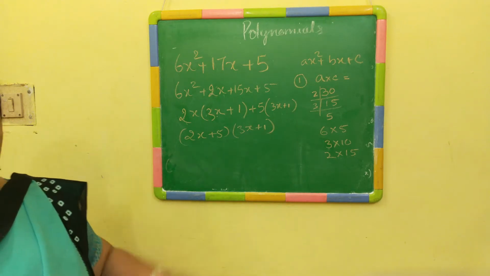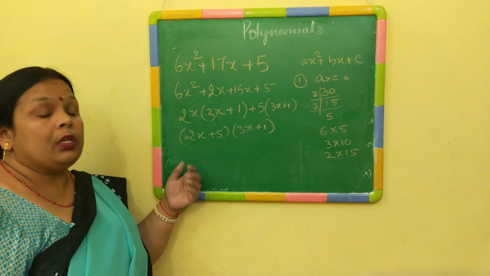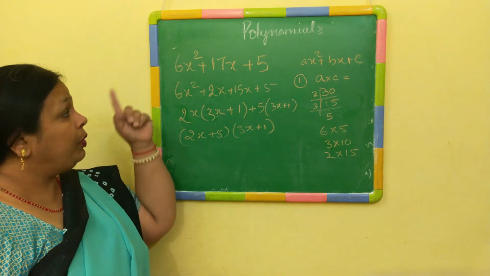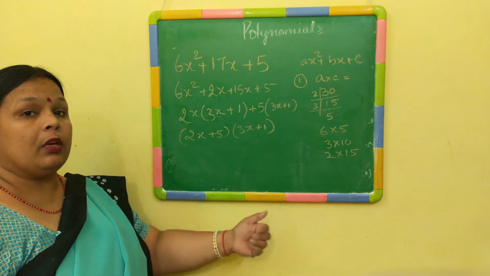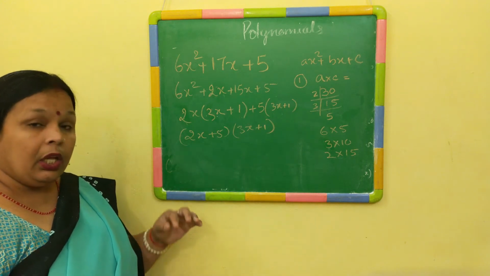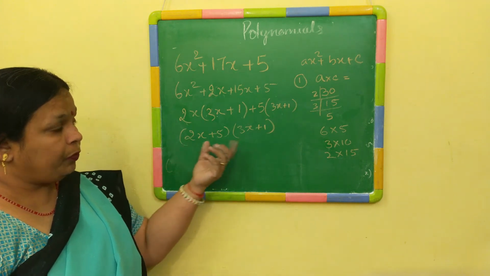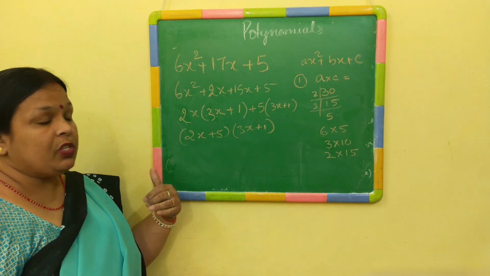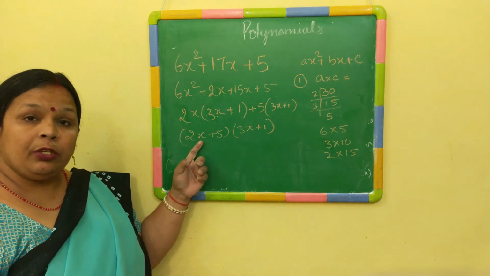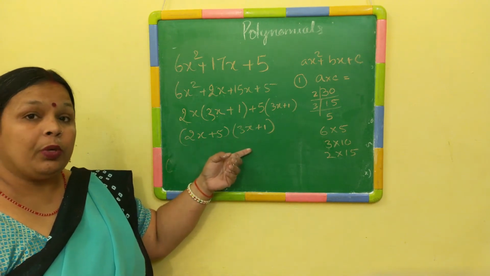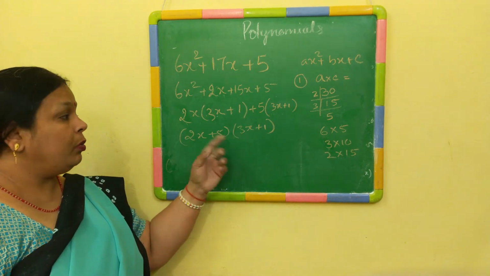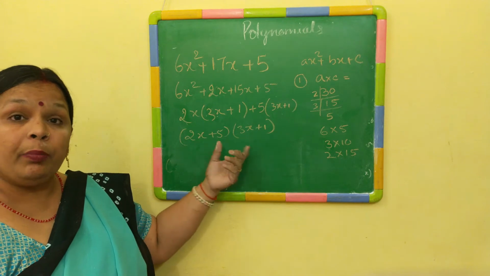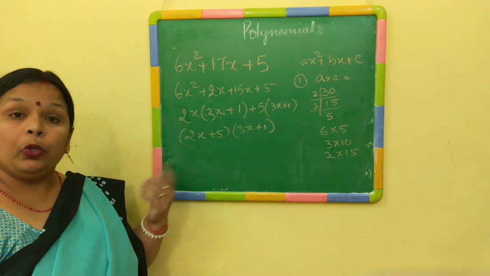Now what does the factor theorem say? It says that this is going to be a factor only when p(a) is equal to 0. Now, when can it be 0? Either 2x plus 5 has to be 0, which multiplied by 3x plus 1 gives 0, or 3x plus 1 could be 0, because 2x plus 5 into 0 will become 0, or both will be 0.